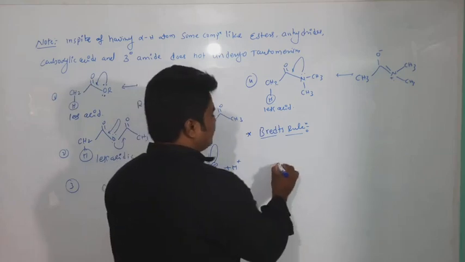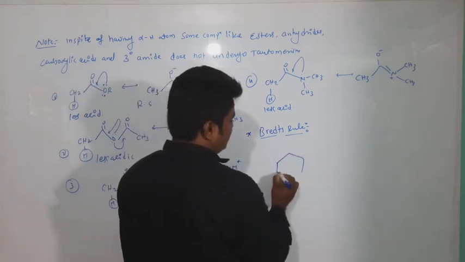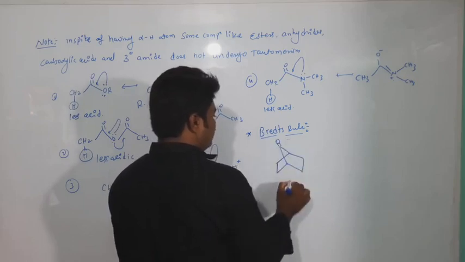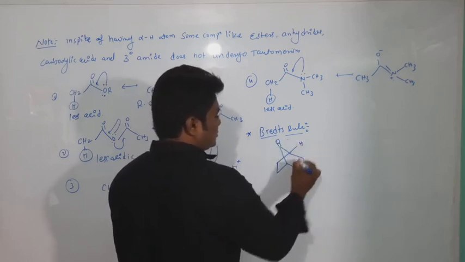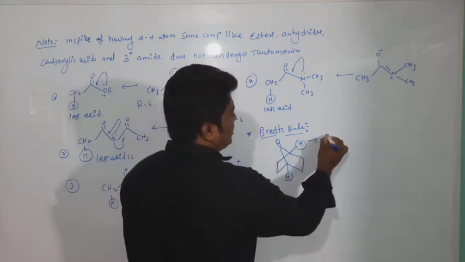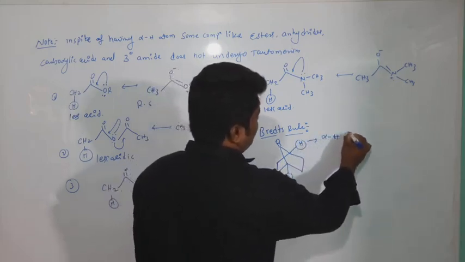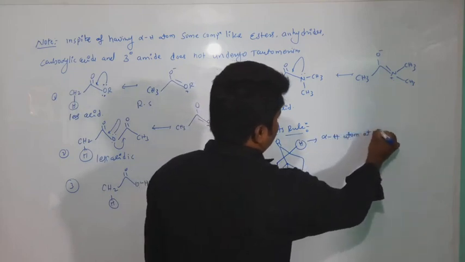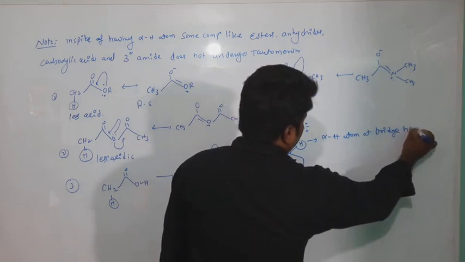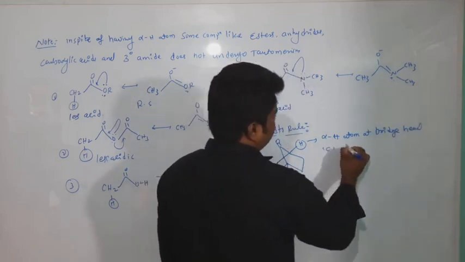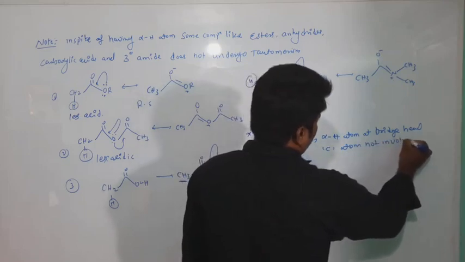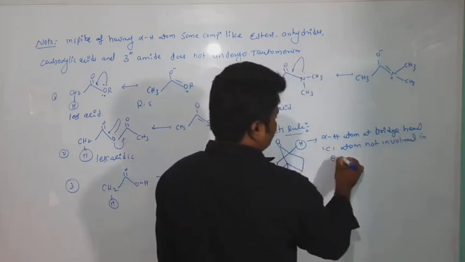Okay, now see here. For example, this is one compound. See here. This is a carbonyl group, ketone. Here we have the alpha hydrogen, and these are the alpha hydrogens. But this alpha hydrogen atom at the bridgehead carbon atom is not involved in enolization.